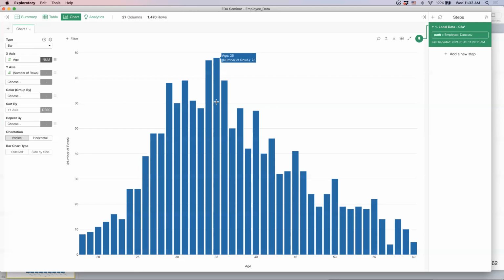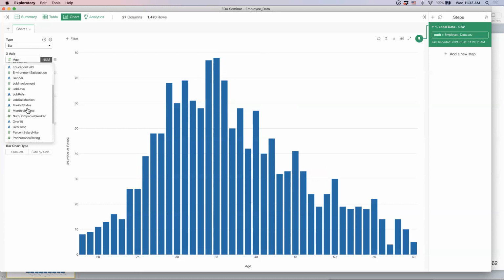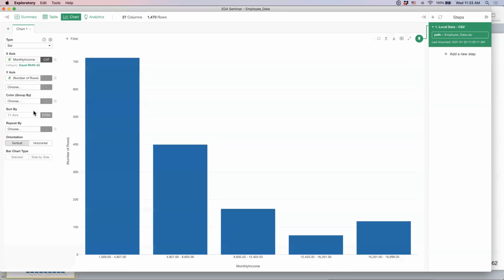So age is kind of fine. There are more bars now: before it was categorized into about 5 bars, and now we have about 40 bars or so. But if I change the x-axis to monthly income, again it categorizes.